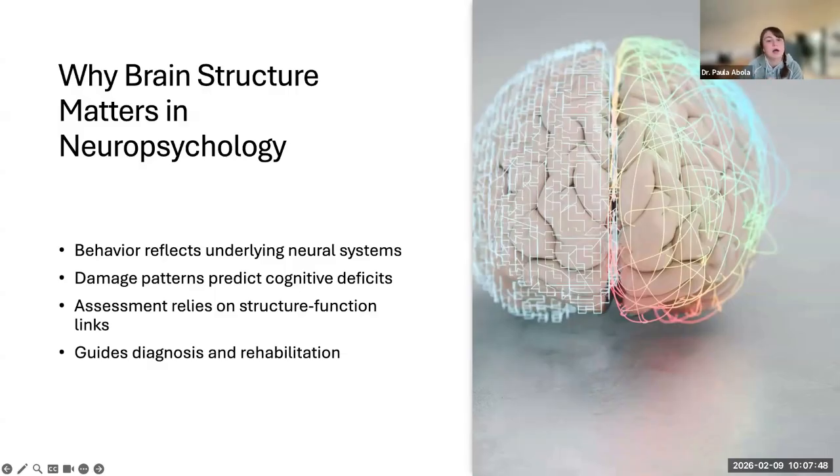Over time, clinicians learn to recognize those patterns in the same way that a physician learns to interpret constellations of physical symptoms. This is why understanding brain anatomy is clinically meaningful and not merely theoretical. Knowledge of structure-function relationships helps guide diagnosis, informs treatment planning, and supports rehabilitation strategies.